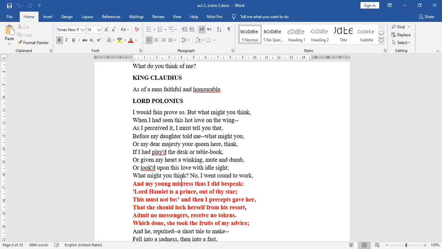Okay, so now he will use his daughter. Not only did he order her to reject the love letters of Hamlet and to reject his love tokens, gifts, presents, messages, letters, and even seeing and talking to him, but now he has a plan to misuse his daughter in a very shrewd and disgusting way, to play with her emotions, to send her to Hamlet and to see when Hamlet will talk to her emotionally about love.